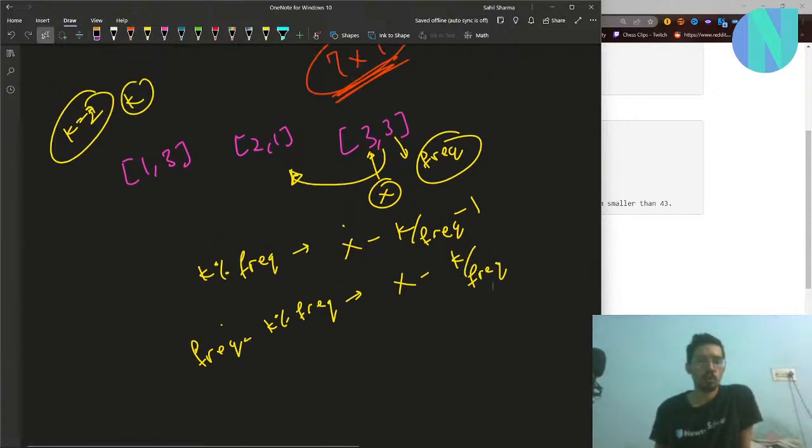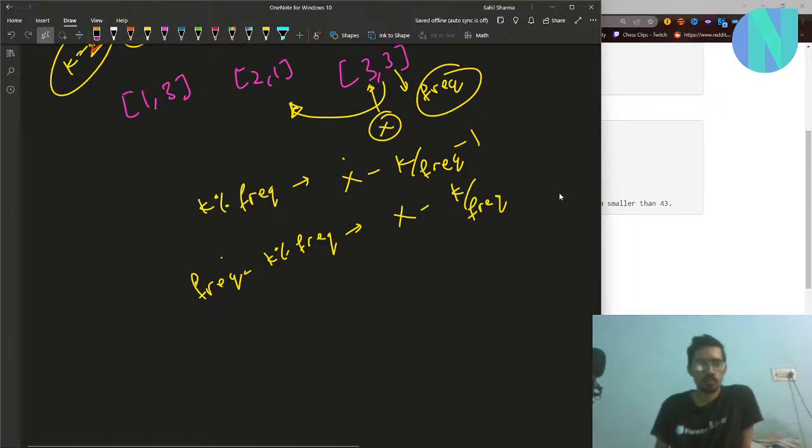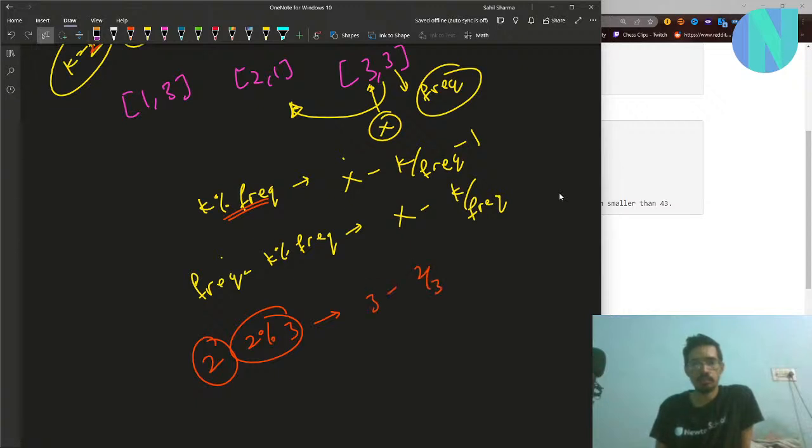So as you have 2 operations here and your frequency is equal to 3, you have 2 mod 3 here. You will be able to convert 2 elements, since 2 mod 3 is equal to 2. So you will be able to convert 2 elements into x, that is 3, minus k by frequency, that is 2 by 3, which is 0, minus 1, that is 2. So you will be able to convert 2 elements into 2.